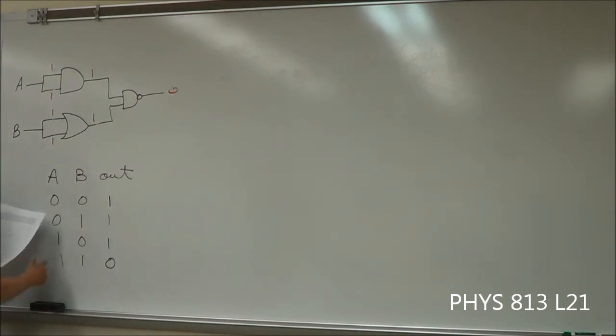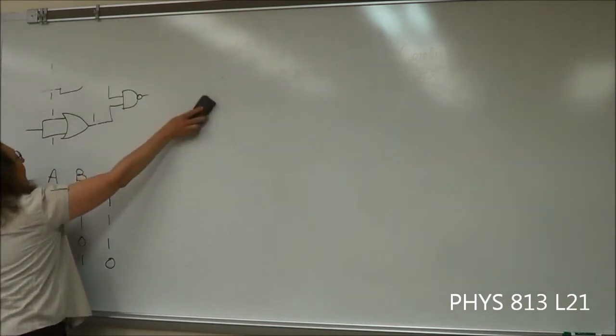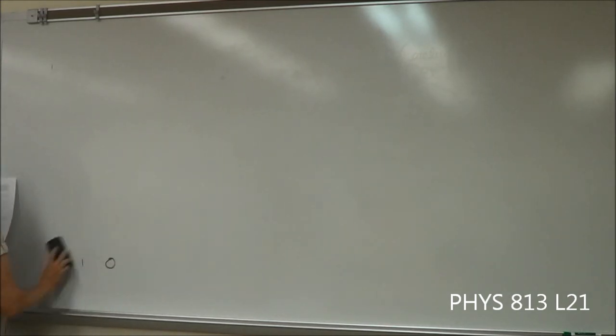Okay, so at the bottom of 178, we have actually one that's not really that complicated, but it does have 3 inputs. So we're going to have to figure out what to do with 3 inputs.